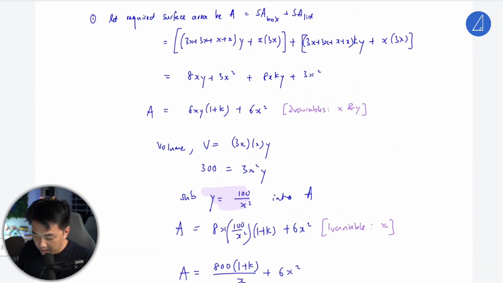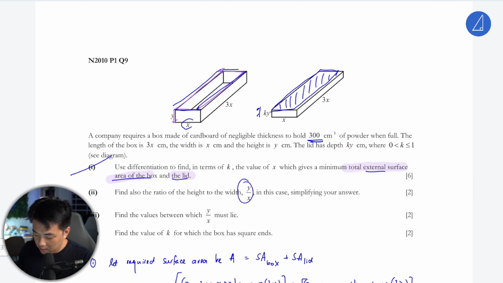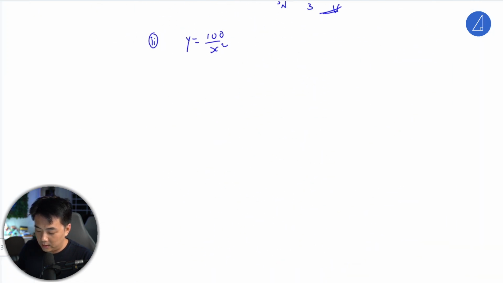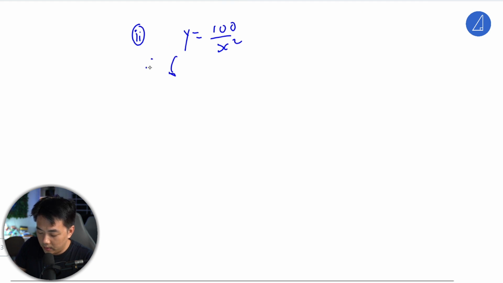And because I need this to be y over x, I'm just going to divide both sides by x. So this will be y over x equals 100 over x cubed.